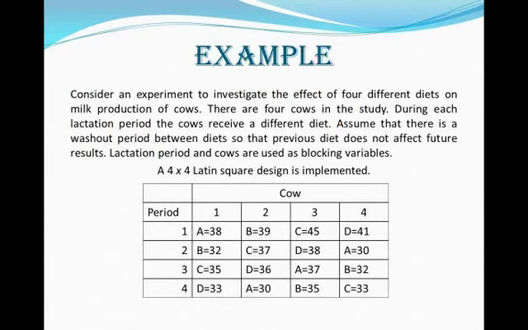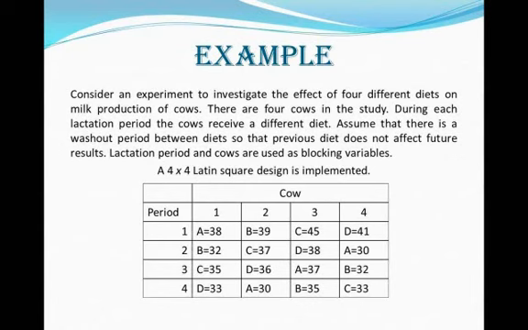Now we will consider an example for the understanding of the efficiency of Latin square design. By solving this example, you can understand how we can calculate the relative efficiency of this design. Consider an experiment to investigate the effect of 4 different diets on milk production of cows.